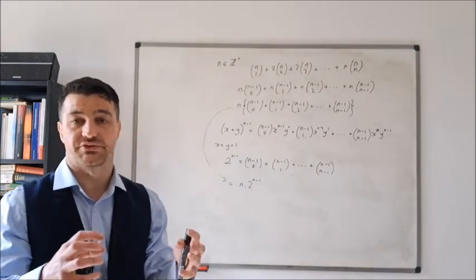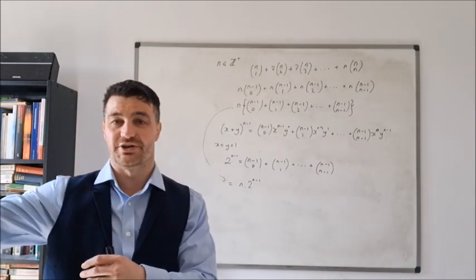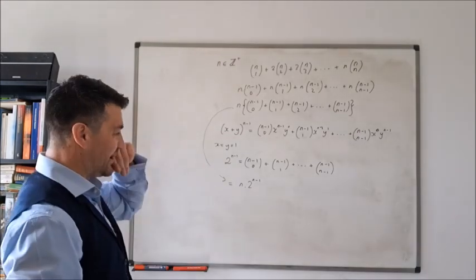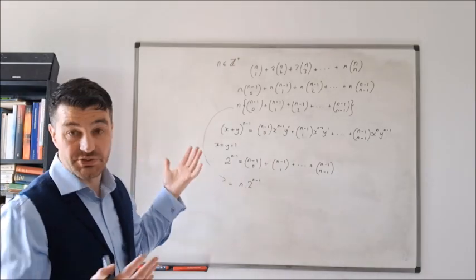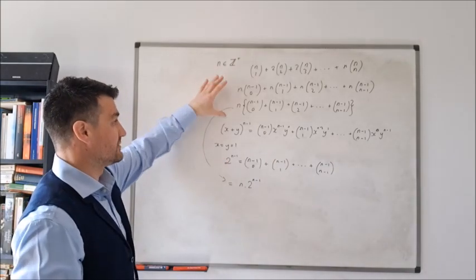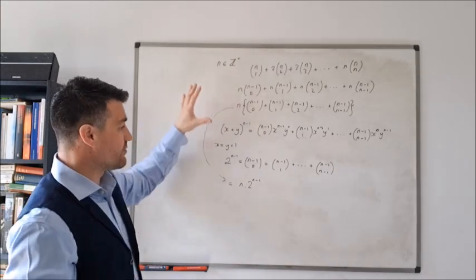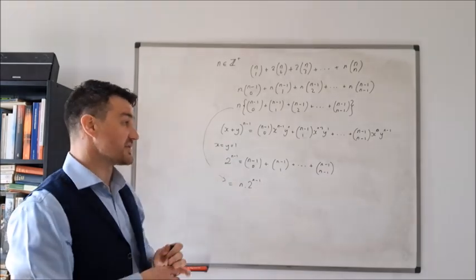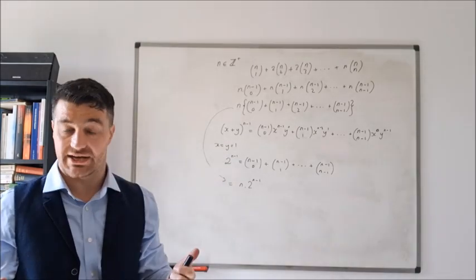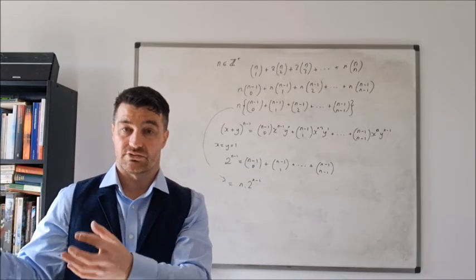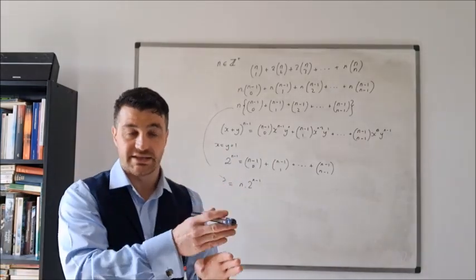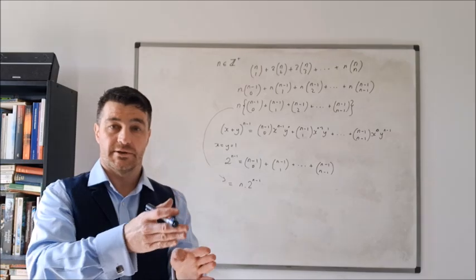I've checked it for the first few terms and verified it. It doesn't mean that it doesn't work for the terms after that. It just means that I haven't checked them. But it definitely works for the first few terms, as you would expect, because I don't see anything wrong in what I've done here. If the steps of your solution are correct, the outcome is correct.